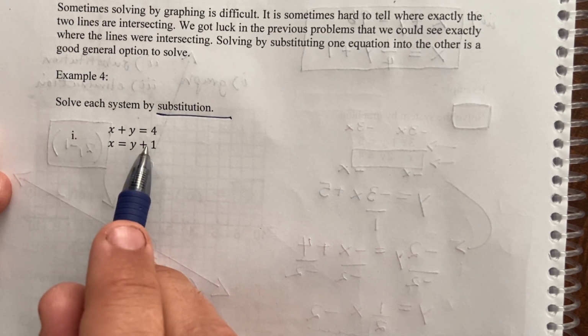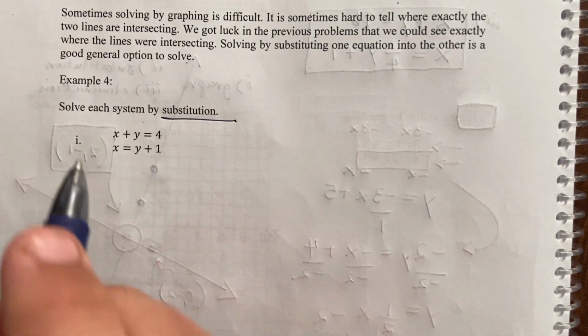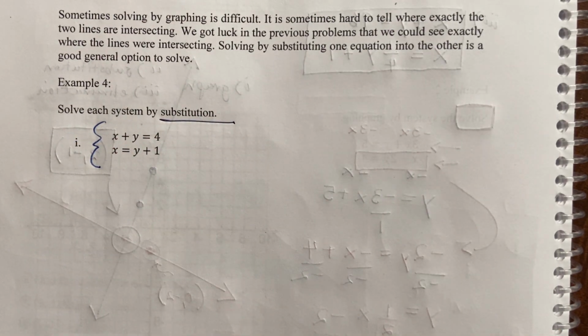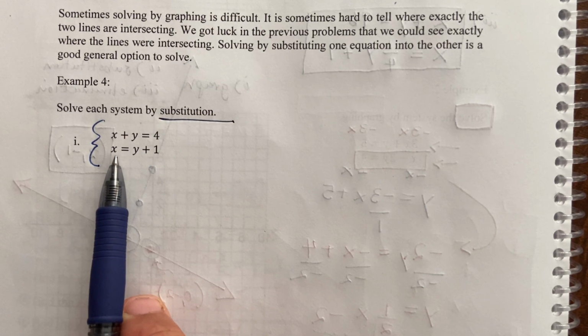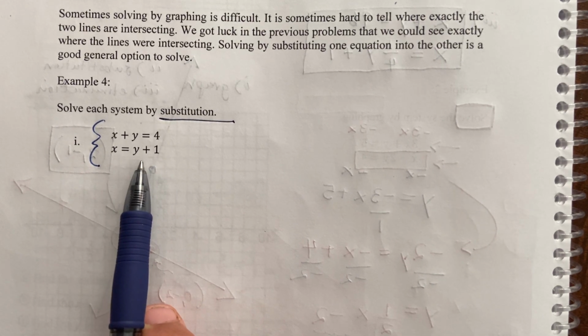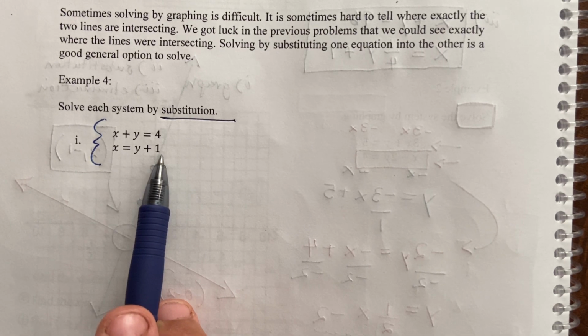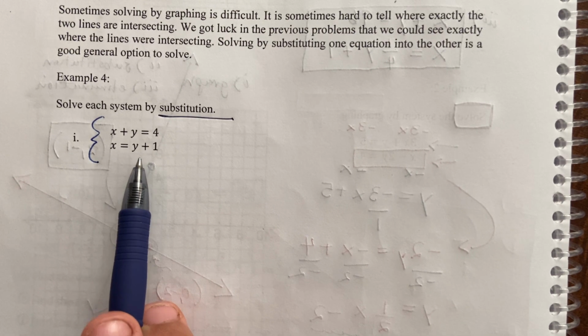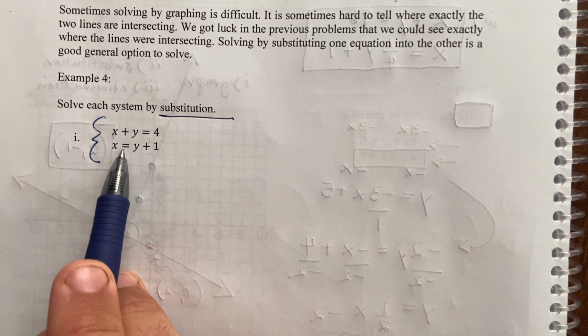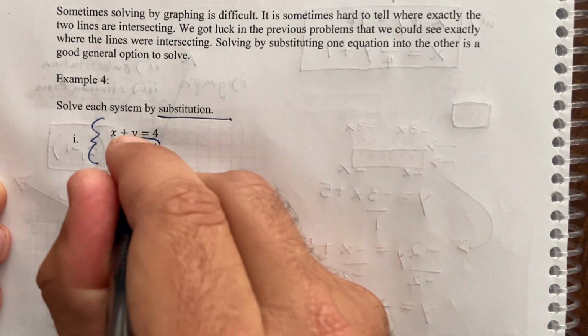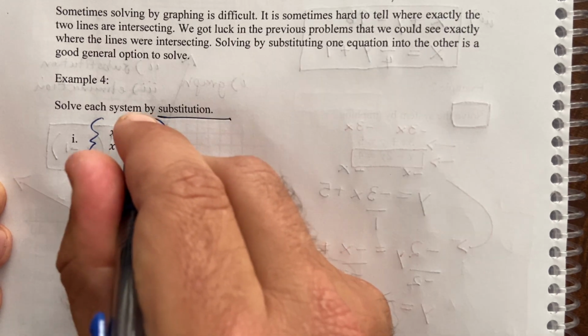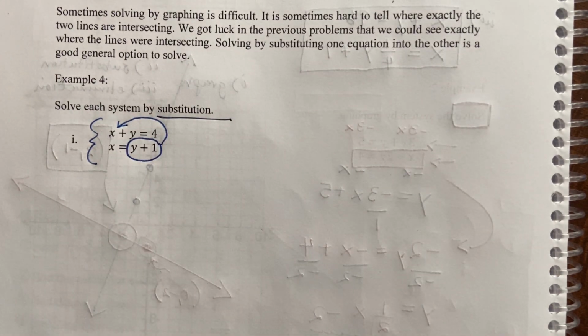So this equation's telling me for this system, and sometimes you'll see systems noted with this brace, the single brace. Anyways, x equals y plus 1 is telling us, hey, wherever you have an x, you can use y plus 1. Why? Because they're equal. That's what this equal sign is telling us. So in the first equation, where I have an x, I can replace that with a y plus 1.